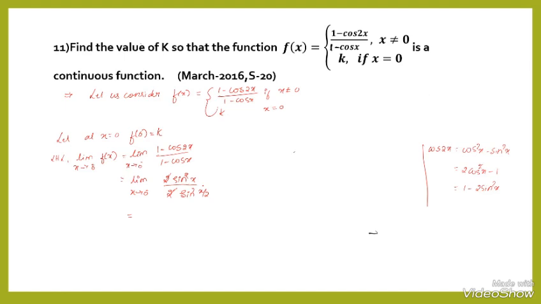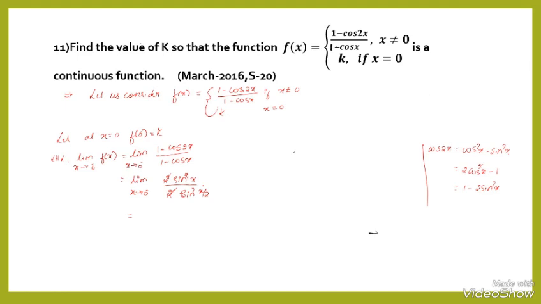That is sine square x divided by x square, and I will multiply x square here, whole divided by, here I will divide sine square x by 2 and multiply x by 2, because we know one of the standard limits: x tends to 0, sine x divided by x is equal to 1. Okay, which is the standard formula.